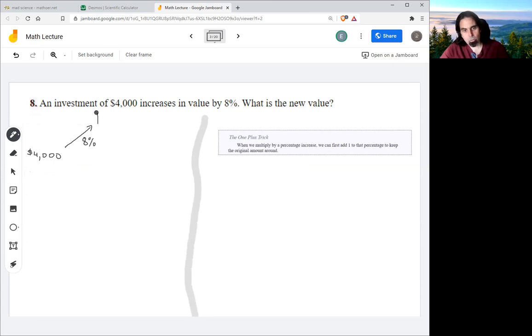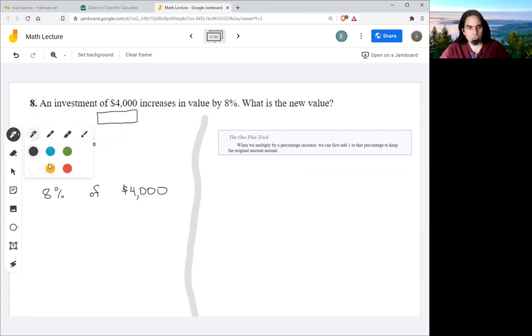And we want to know what the new value is. We have to find the 8% number as a dollar amount, but that's not going to be our answer. Just like before, we want the new value. So 8% of 4,000. We'll do our rip-flop. Left to go out of percent.